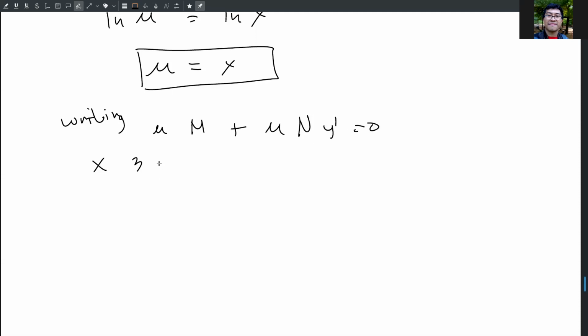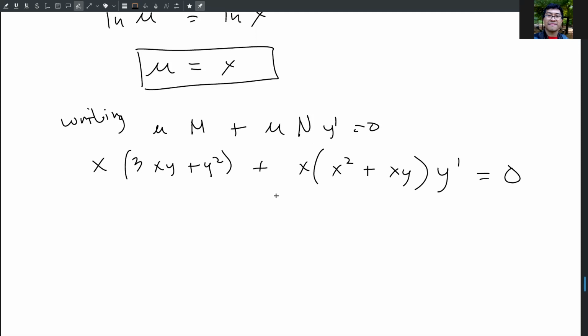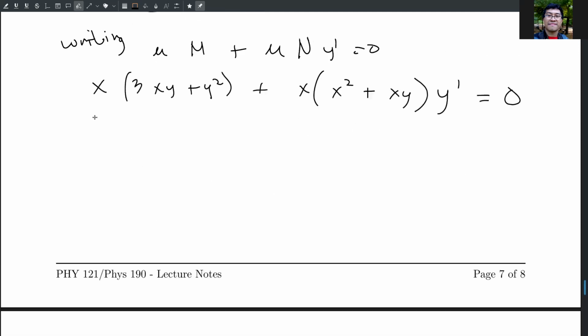You have 3x squared y plus x y squared plus (x cubed plus x squared y) y prime equals 0. This is now our new M, and this is now our new N.